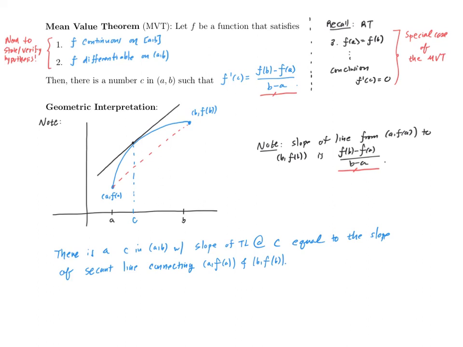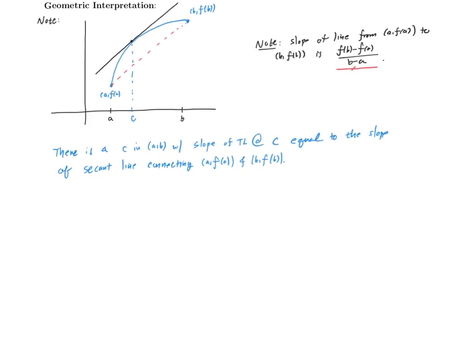Let me draw one more picture to finish up our discussion. If I connect the points (a, f of a) and (b, f of b) with a nice continuous differentiable function, it's reasonable that I can make it look a bit different than previously. Now when we search for points on that curve where the tangent line is parallel to the secant line I have in red, two spots jump out to us.